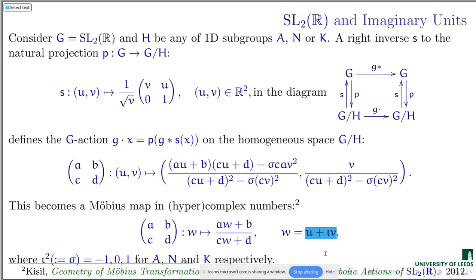Complex numbers for subgroup K, dual numbers for subgroup N, and double numbers for subgroup A.